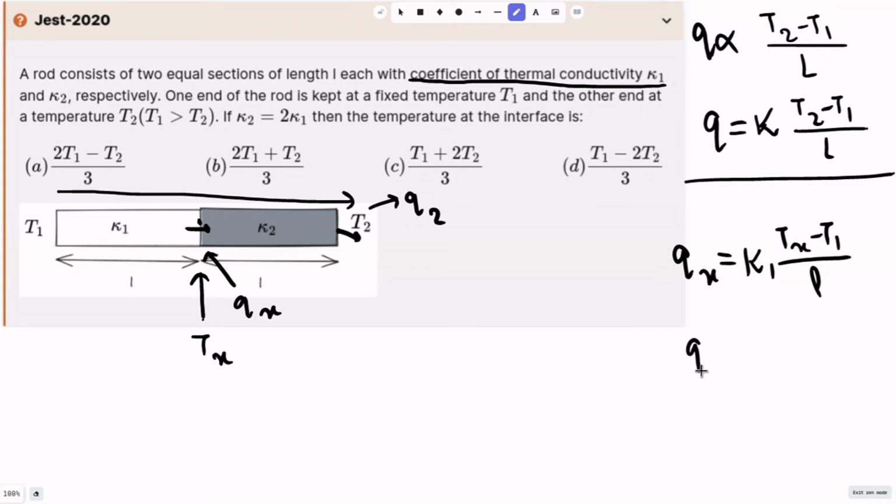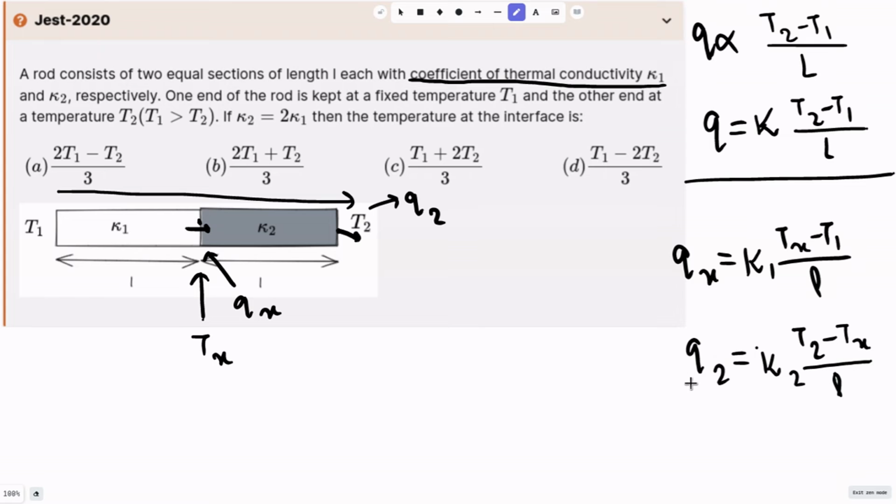Next, Q2, that is the flux here, will be equal to T2 minus Tx divided by L, and then here we'll have kappa 2.